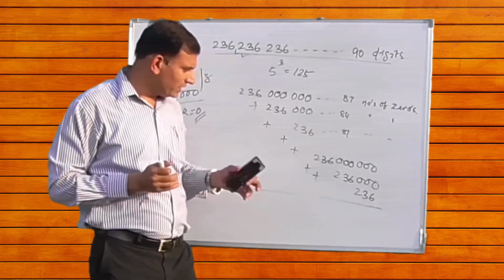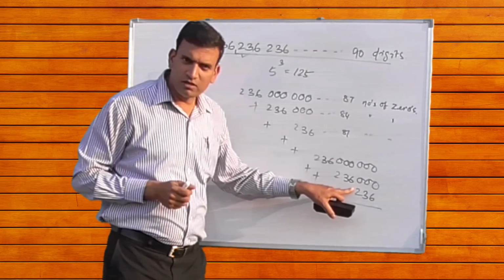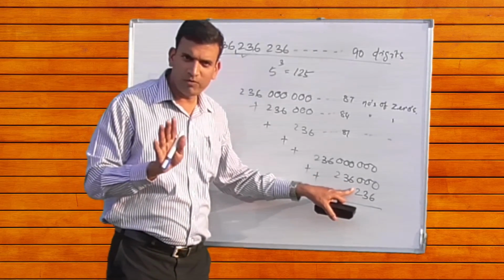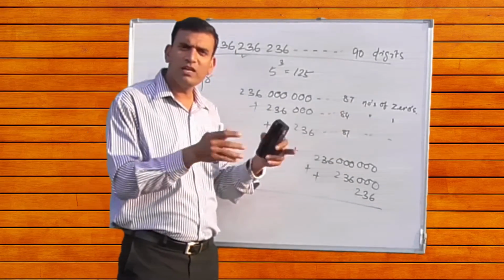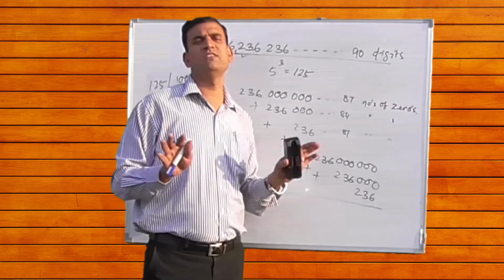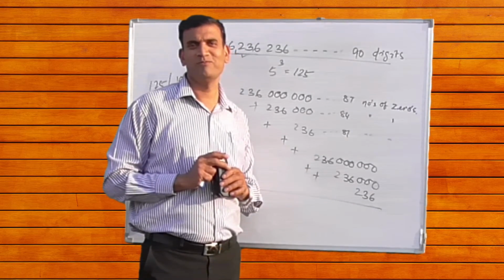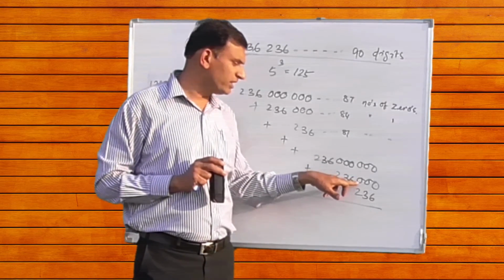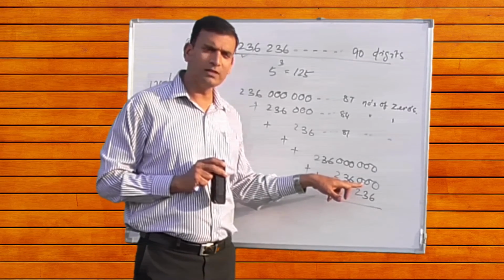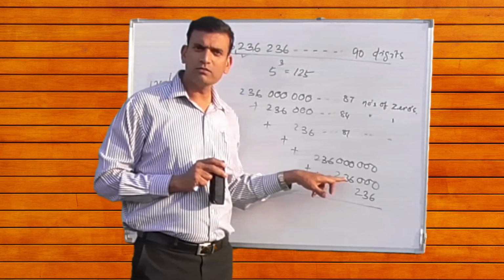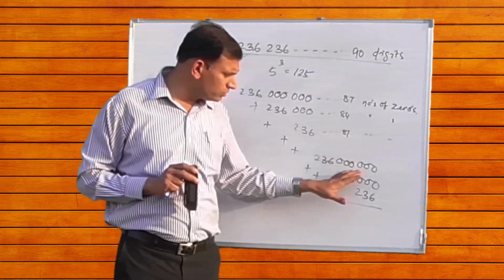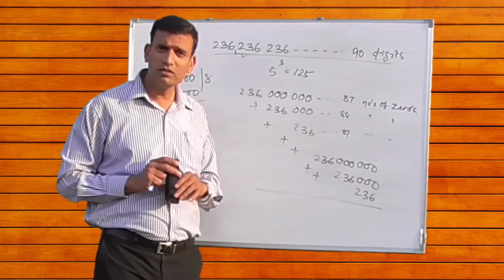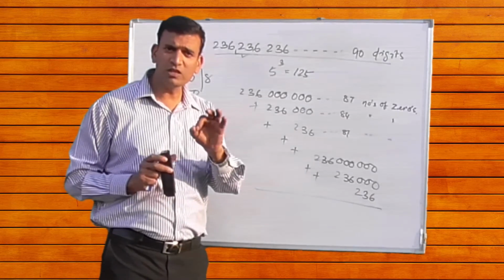So the last term is not divisible by 125, but before that, every number is completely divisible by 125, because 1000 divided by 125 is 8, so each is 8 into 236, and so on. So all these values are divisible by 125 except the last one.